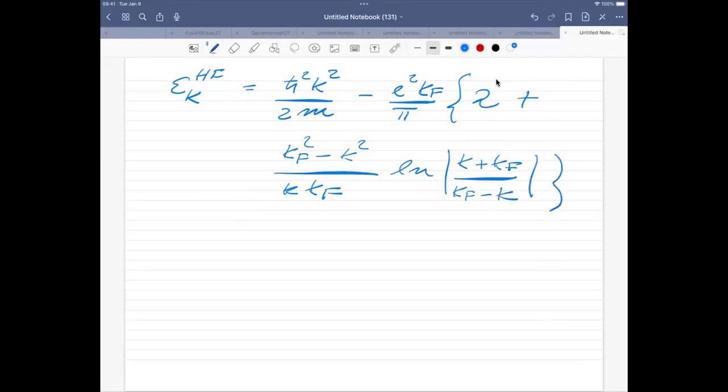And this is the analytical expression for the Hartree-Fock energy for every single particle state.